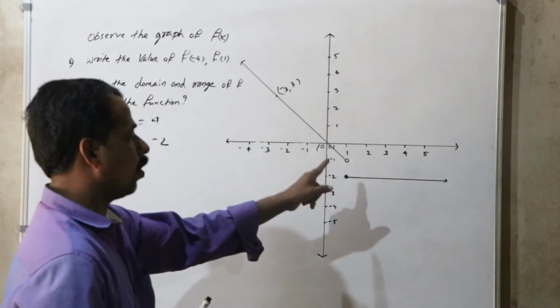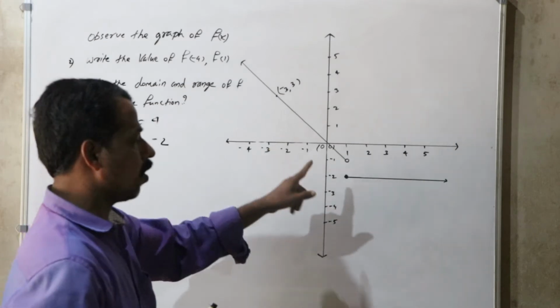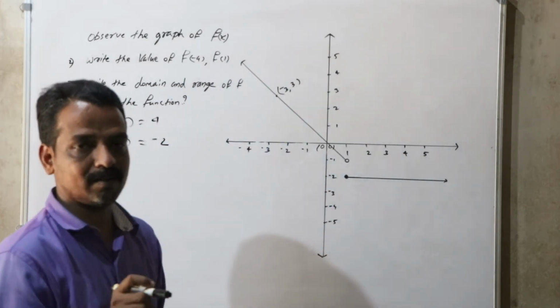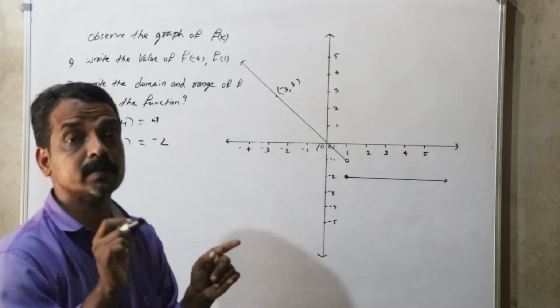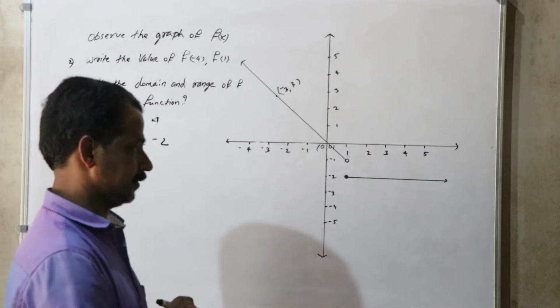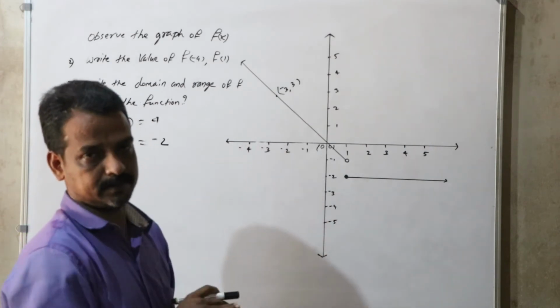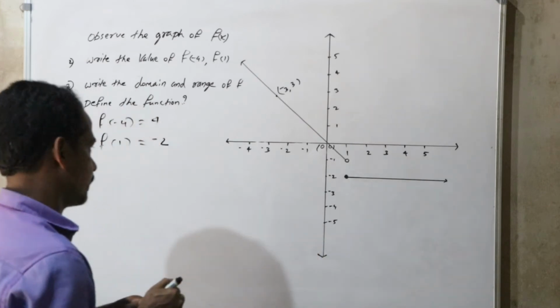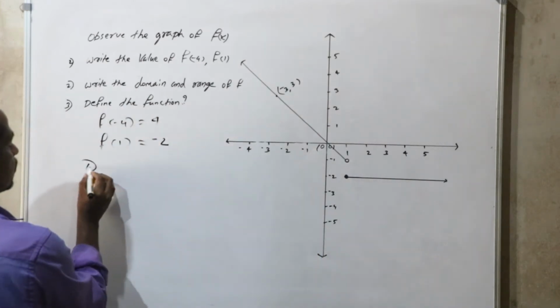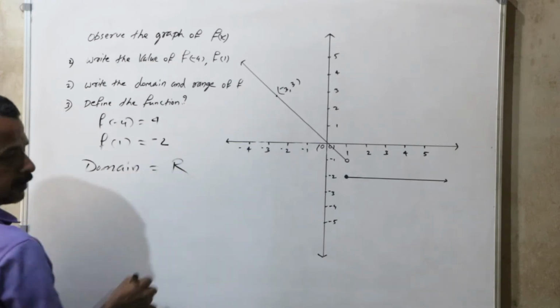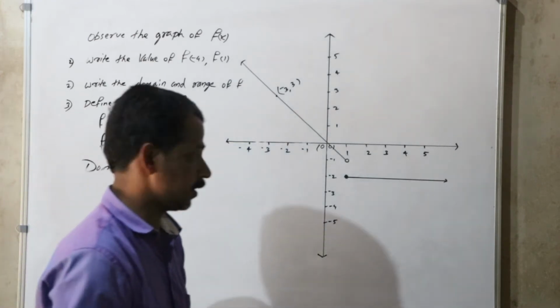Here one graphical line goes right side from 1, but 1 is not included, and the second line goes right as well. That means the domain is R. Domain is R. Why?